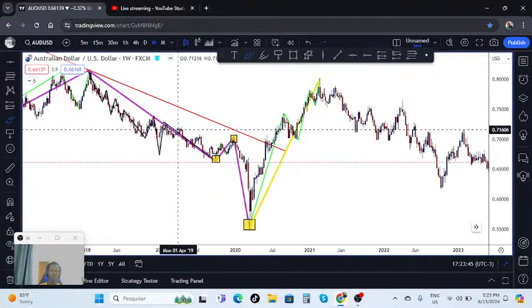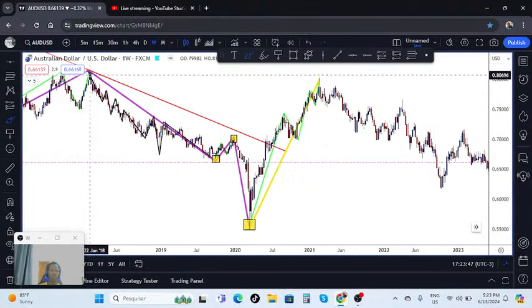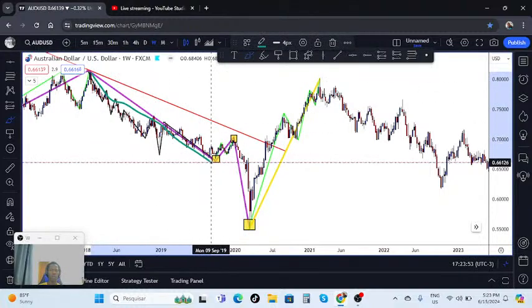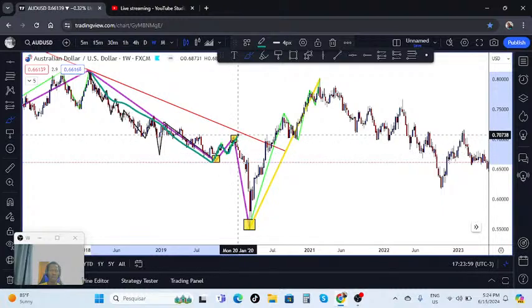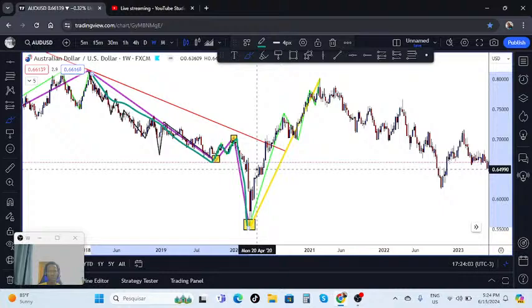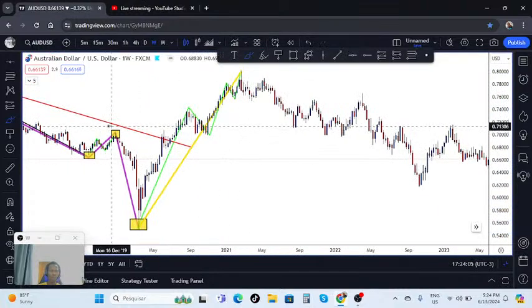Because previously the market structure, or you can call it market wave, was done. So this was the extension, then the market made a short-term uptrend right here, higher highs, higher lows, higher high, then extension again, right?